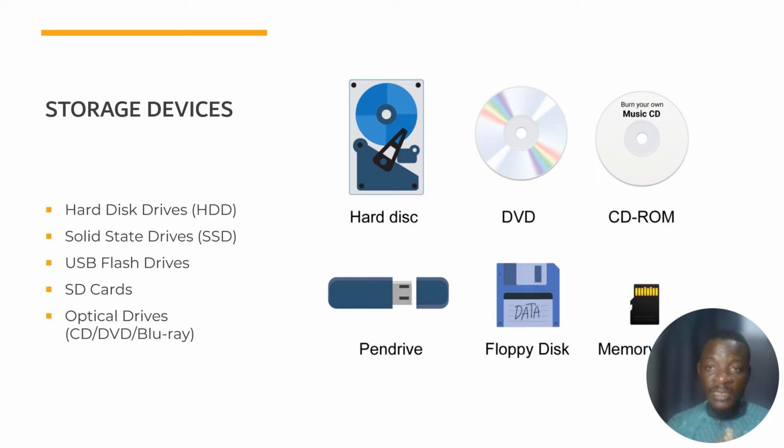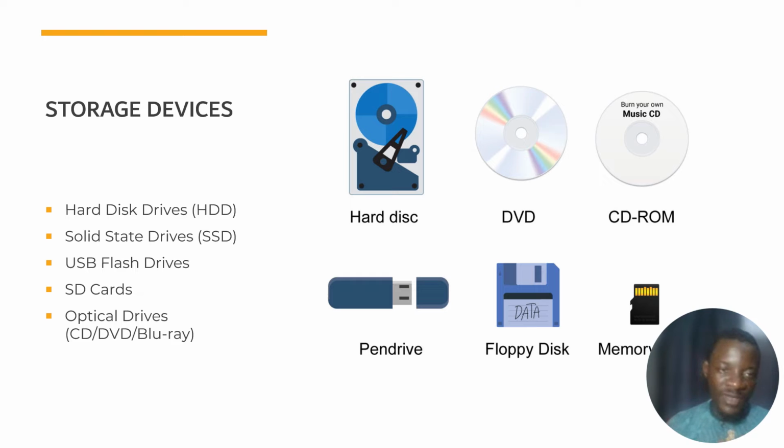They often accept input when saving data and provide output when they are retrieving the data they have. Hard disk drives use magnetic storage and are common in many computers. But SSDs, which are solid state drives, are faster and more durable, using flash memory.